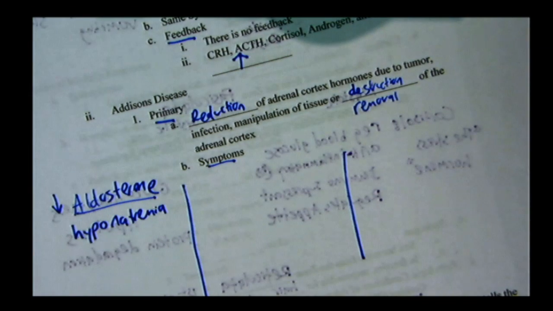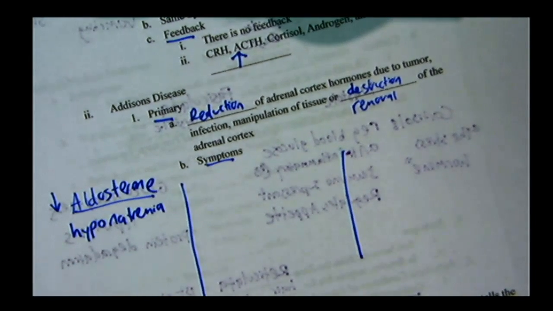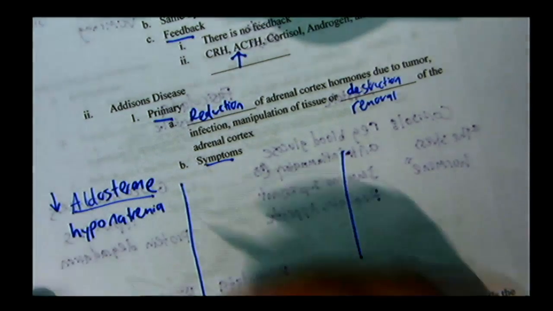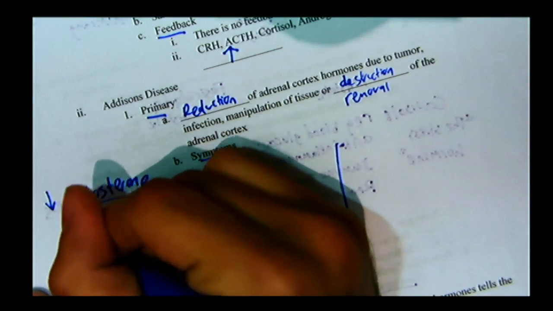Awesome. So what about your urine? Do you have acidic or basic urine? Basic urine. And will you have acidic blood or basic blood? Acidic blood. And will you have hyper or hypotension?